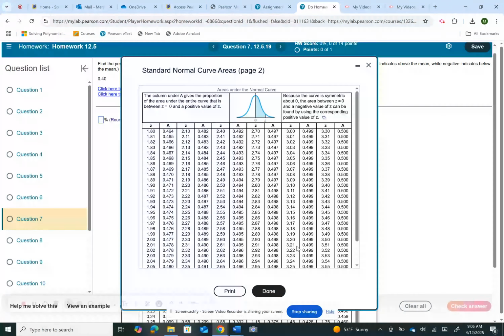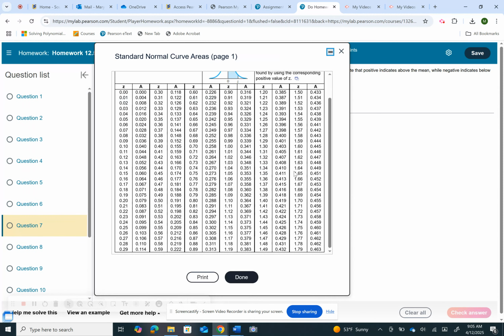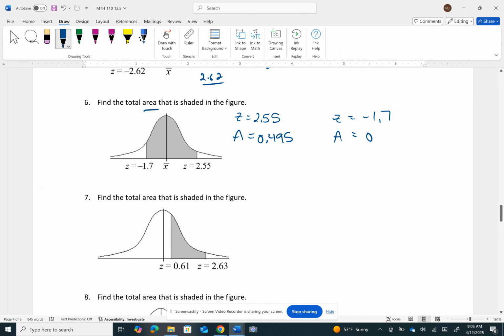So I need to go to the first page. Let's see, where's my first page? Okay. And it was 1.7, so I need to look at that one. That's right here, 0.455.